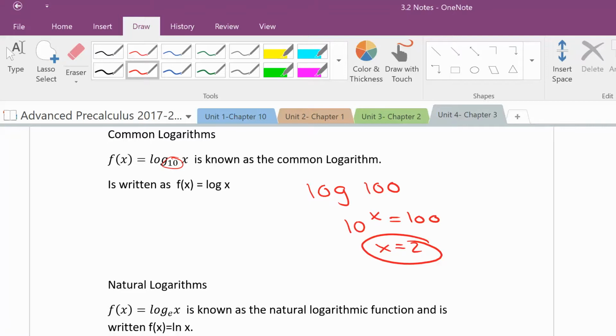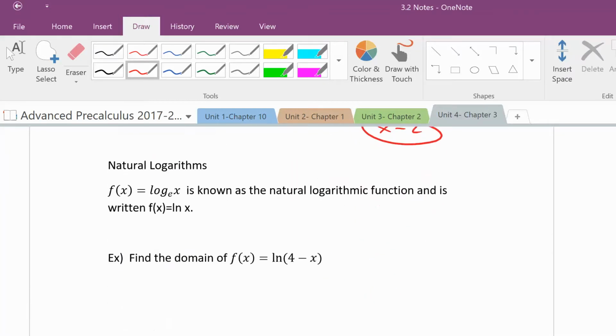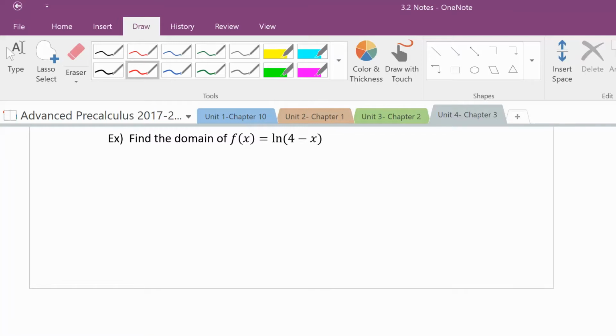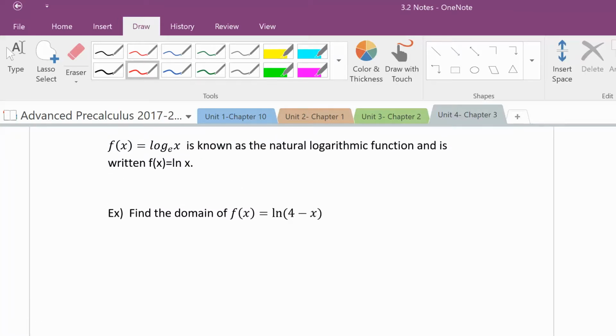That's the common logarithm. There's also the natural logarithm, which means the base is e. And instead of writing log base e, they write ln. But you can assume that there's an e as the base. So if I say ln of 4, that means e to what power is equal to 4. That's what that means.